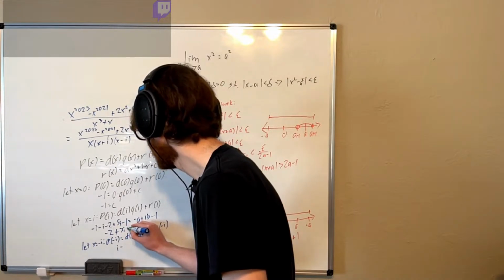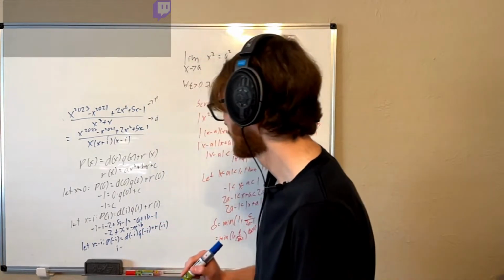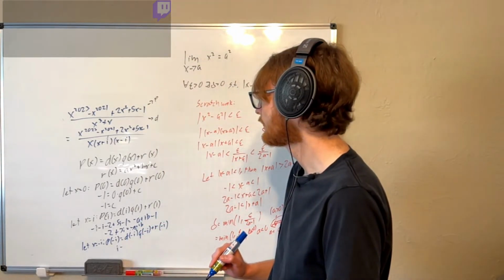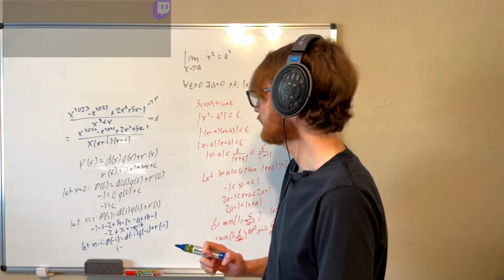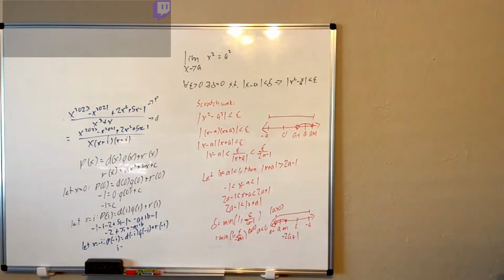Plus 3i. But you're saying the correct answer is... Oh wait, you get -2 as well. Well, it's -a, so a is +2, I guess.